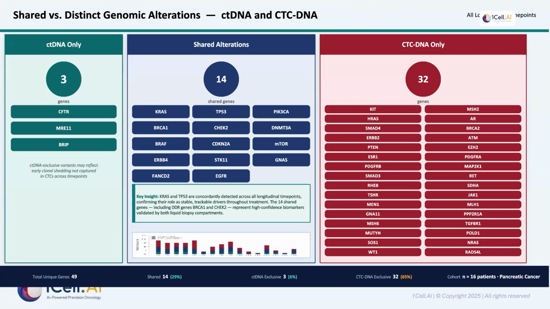So these are complementary techniques, and this type of liquid biopsy is really unique in that it can give investigators the full picture of what is going on in an individual patient.